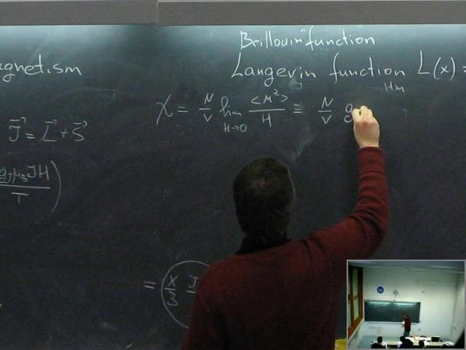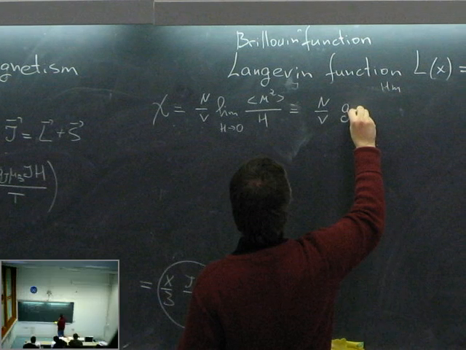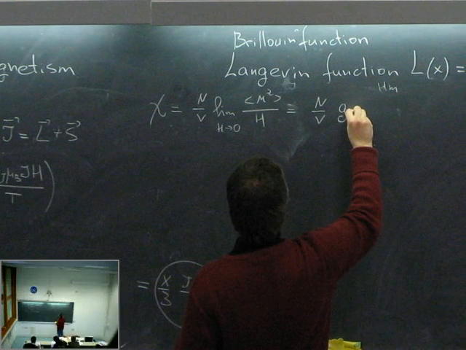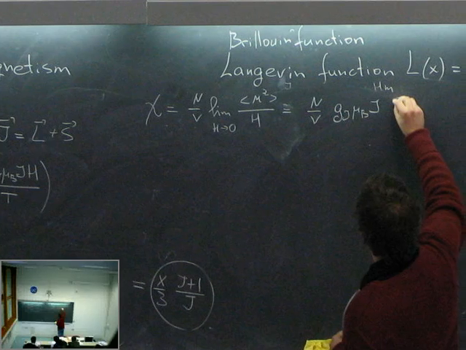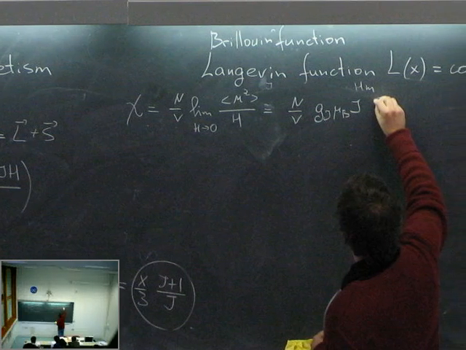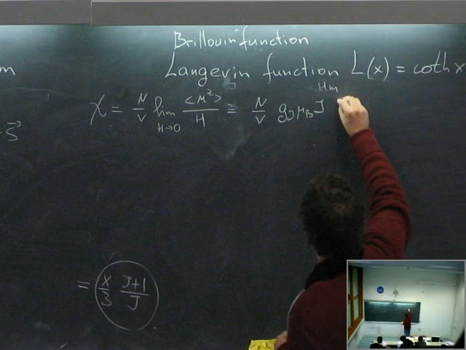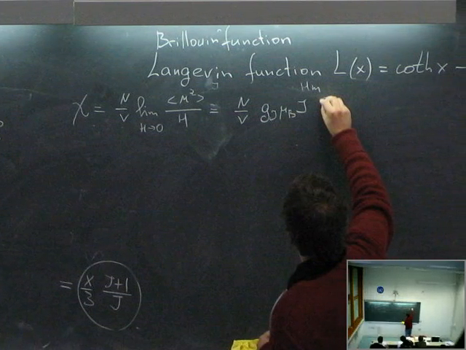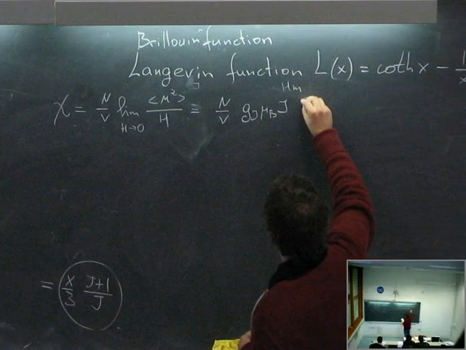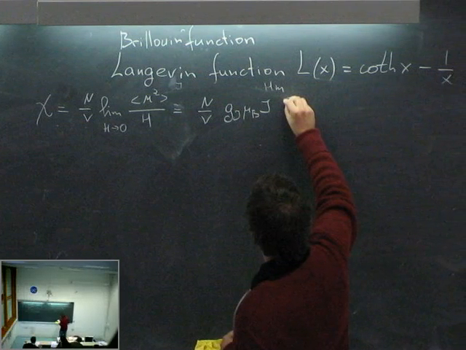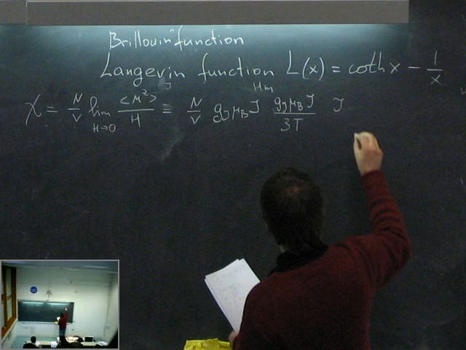This is nothing but that, and H cancels. So this is g_j mu_Bohr j over 3 temperature, and here it's (j + 1) over j.